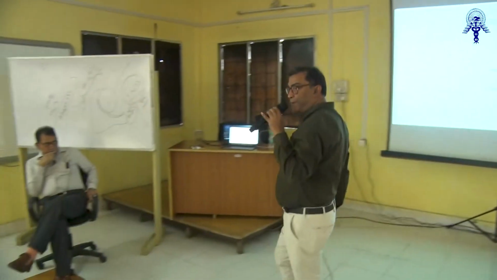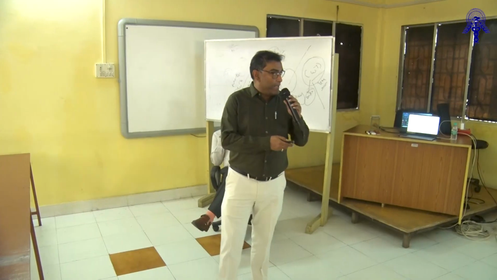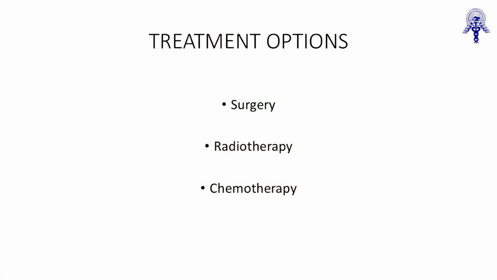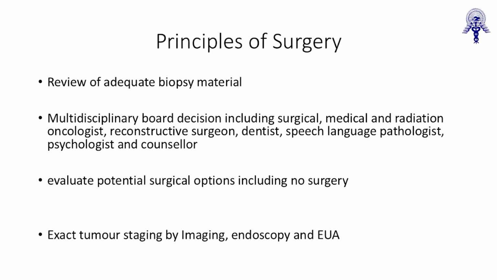So if the differential diagnosis includes a malignancy, or your provisional diagnosis is malignancy, so these are our treatment options. So surgery, radiotherapy and chemotherapy. The main treatment of choice for the majority of lesions is surgery. Now what are the principles of surgery?